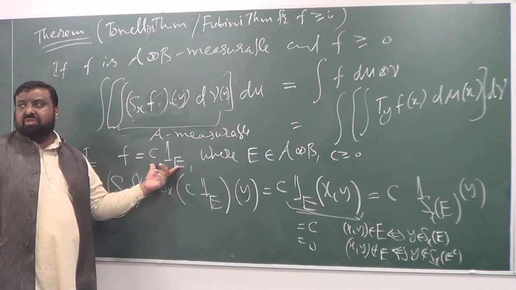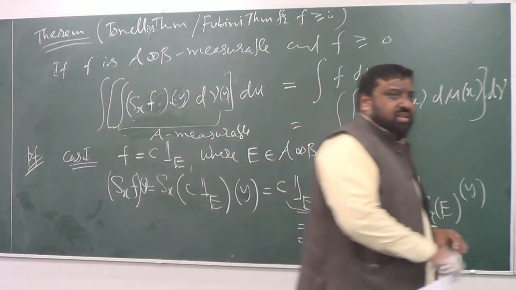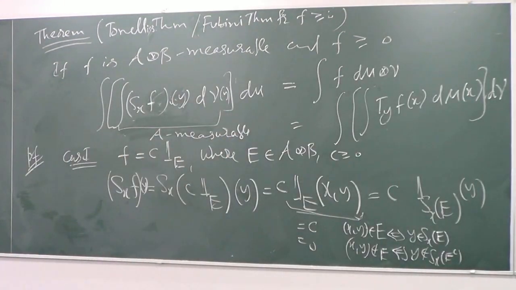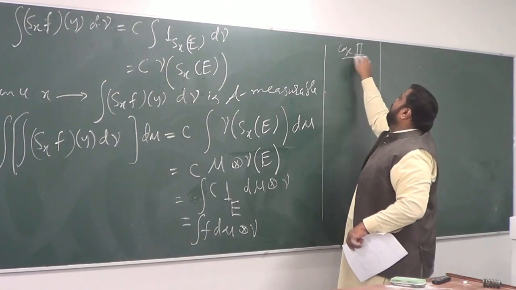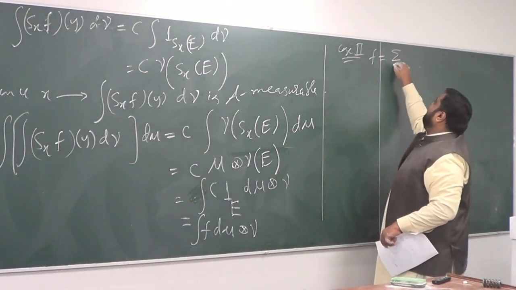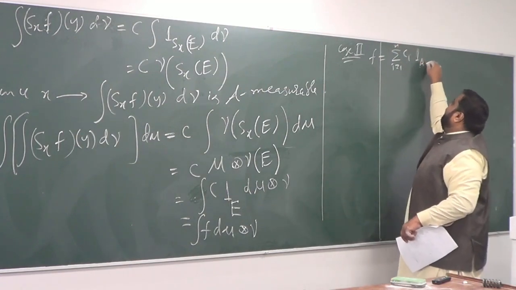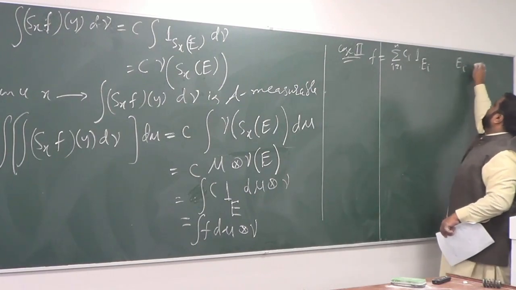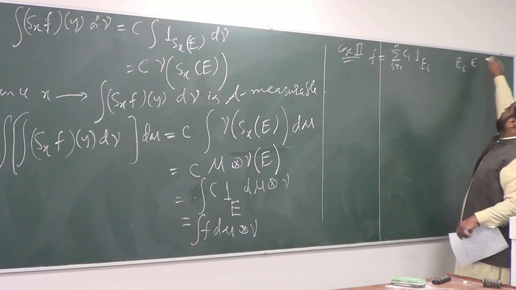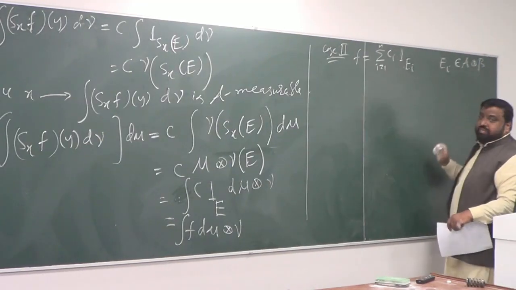Everything is going to be the same. Let's consider the case when f is a sum of c_i indicator of E_i, where the E_i are again from the product sigma-algebra. I'll just do it quickly, okay?